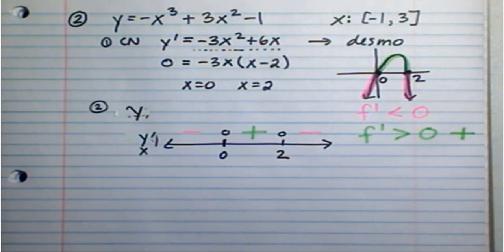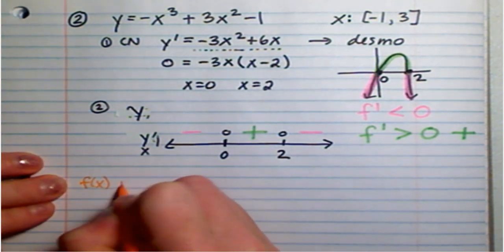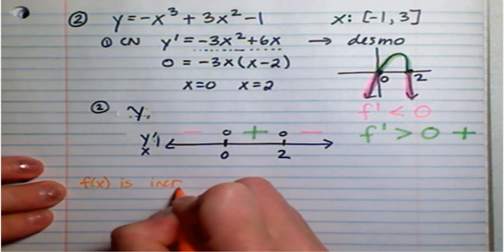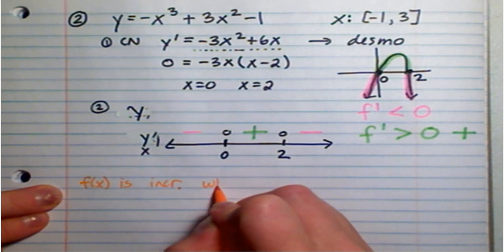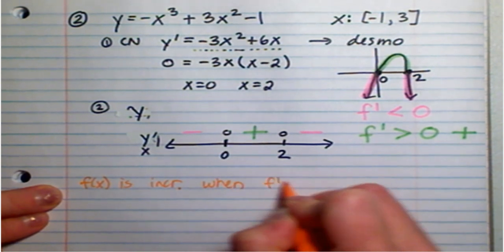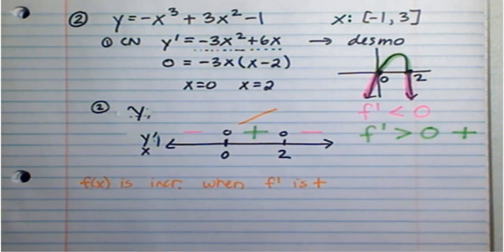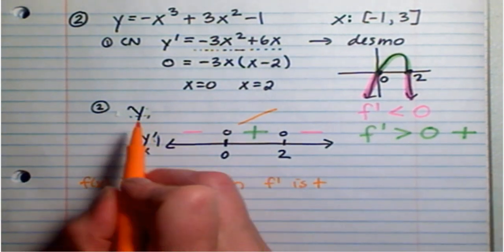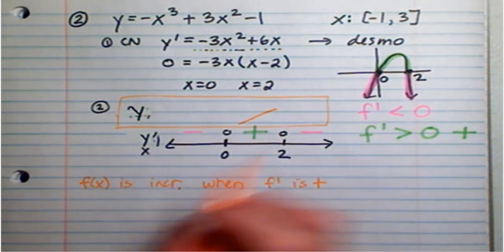Okay, so as I'm getting ready to make my conclusions, I'm going to write these sentences here just to help you remember. So f of x is increasing when f prime is positive, which means increasing, okay? Right, because right here I'm drawing a picture of what f of x is going to look like.